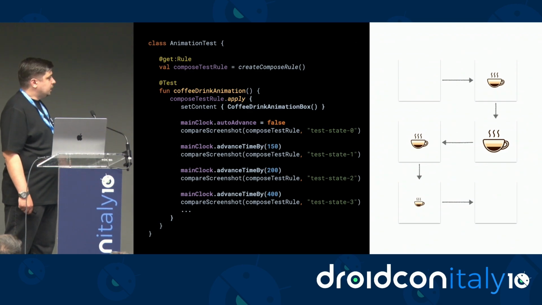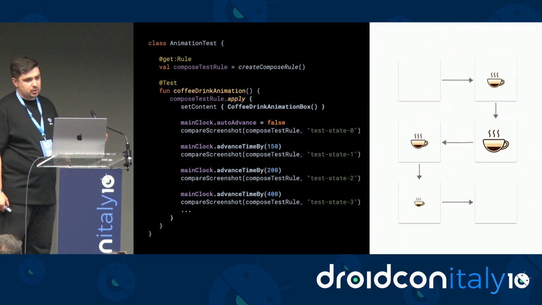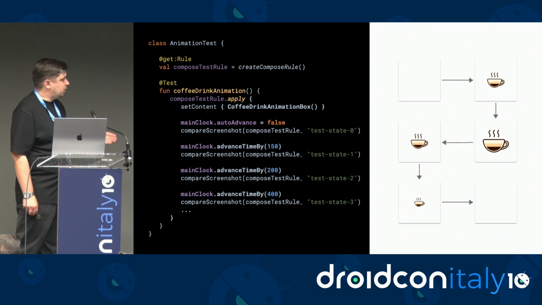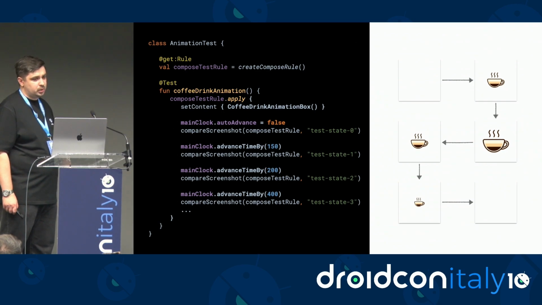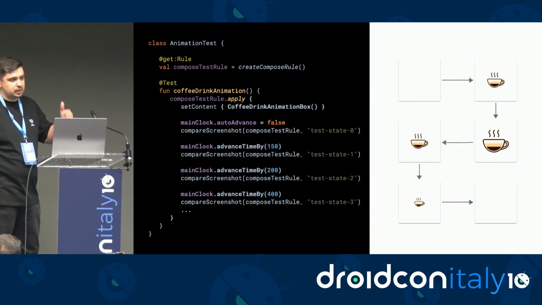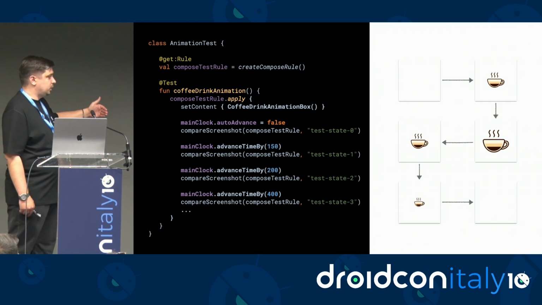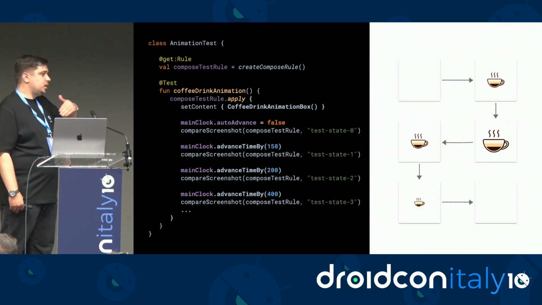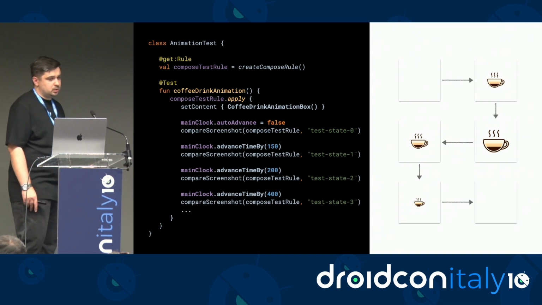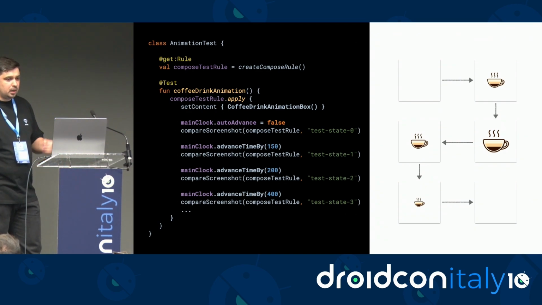And after it, we can advance time by specific duration. In this case, first of all, 100 milliseconds, then 100 milliseconds, then 100 milliseconds, and in every step, we will take a screenshot. So even if we rerun the same test multiple times, screenshots will be taken always at the same time, at the same state of activity.